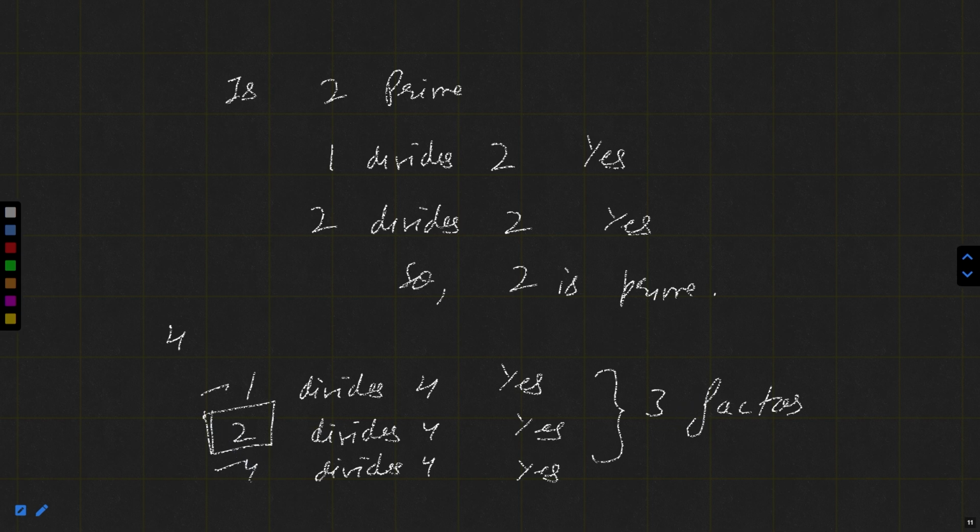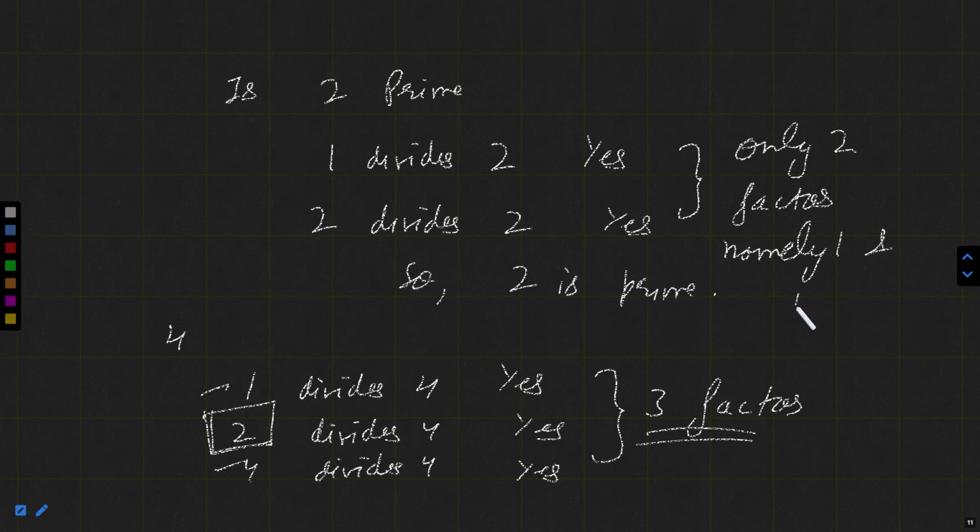But a prime has only 2 factors, namely 1 and itself. So 4 is not prime.